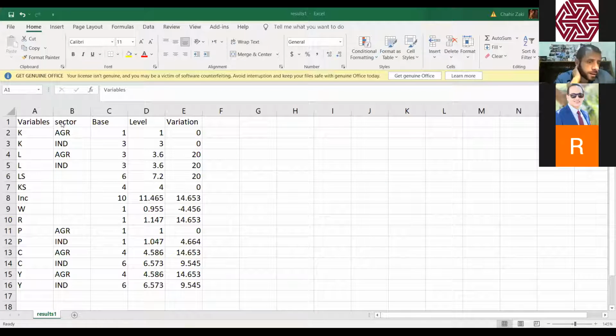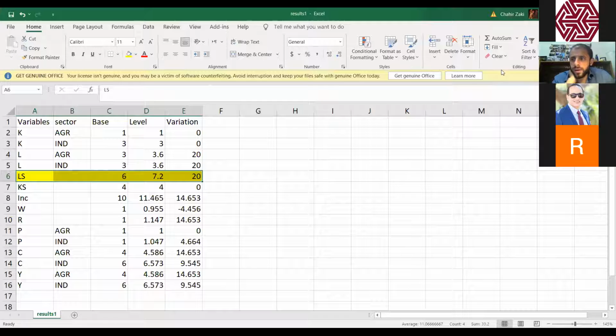Now we will do the interpretation, we'll break, and then we start with the new model. As you can see here, we have our initial shock, where we have an increase in labor supply by 20%. That's the initial shock.